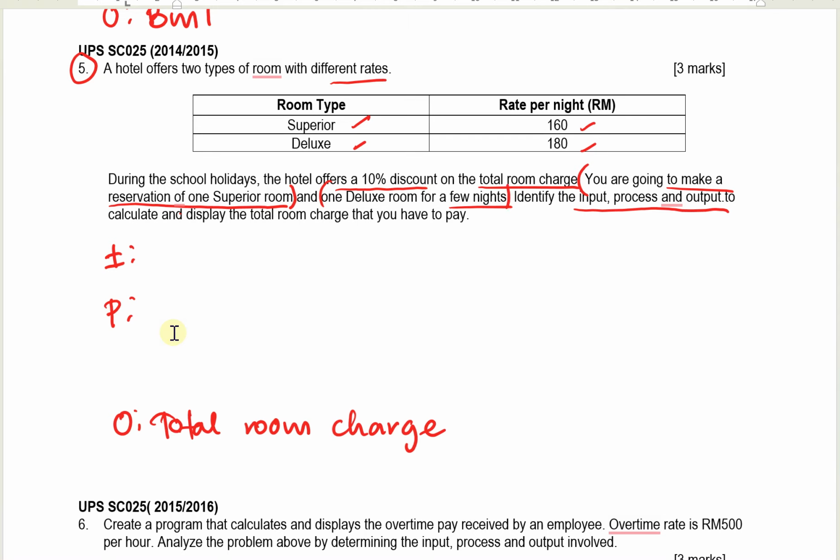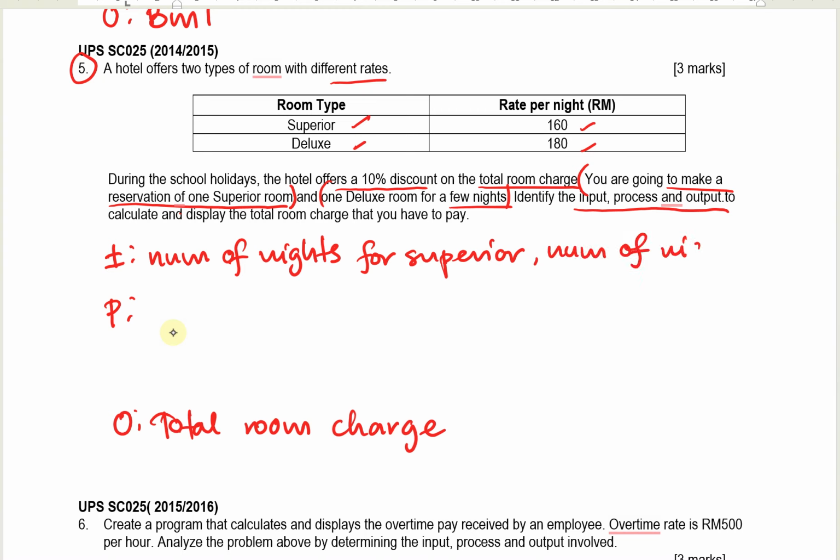So of course the input is number of night for superior, comma, number of night for deluxe. Okay, means here this program only allows you to reserve only 1 superior room.